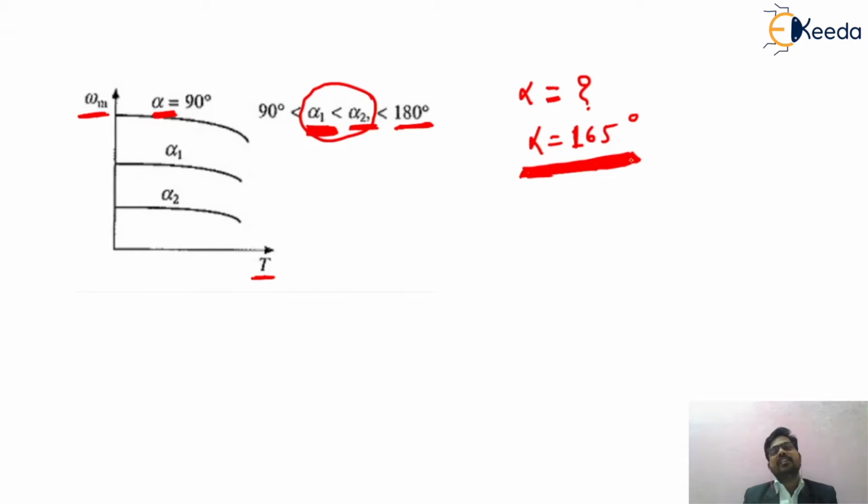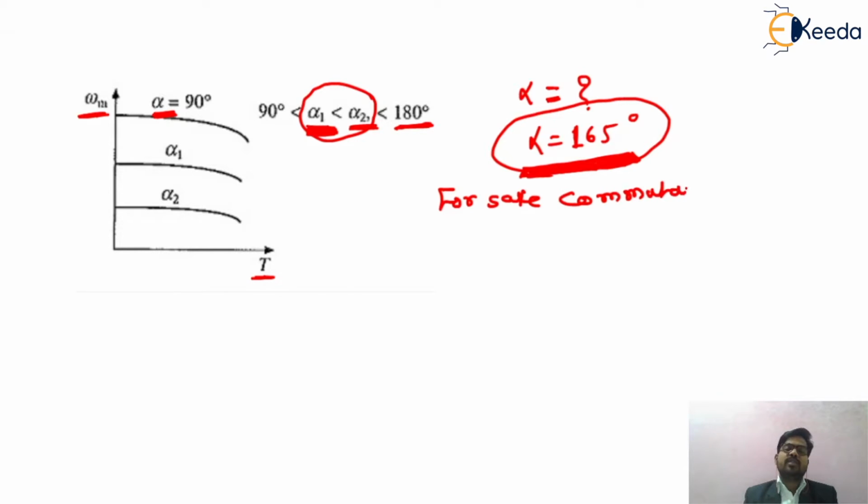Why are we taking the value of alpha as 165 degree? For safe commutation, if we increase alpha greater than 165 degree, then the commutation problem will occur. So for the sake of safe commutation, we only increase alpha up to 165 degree. Okay, that is the highest limit.